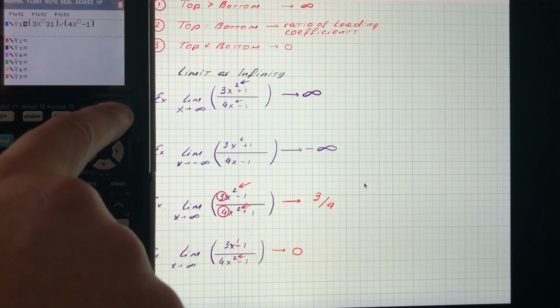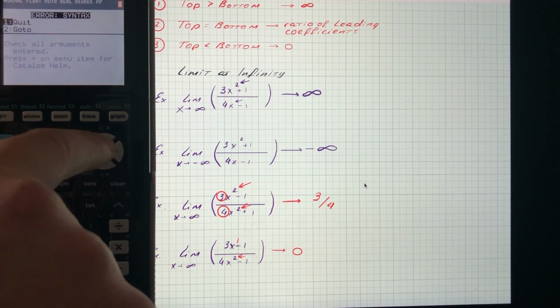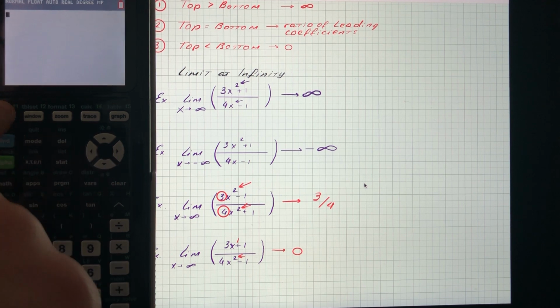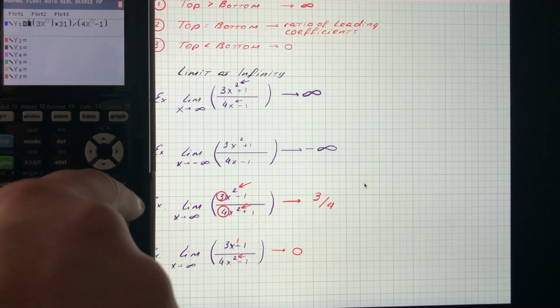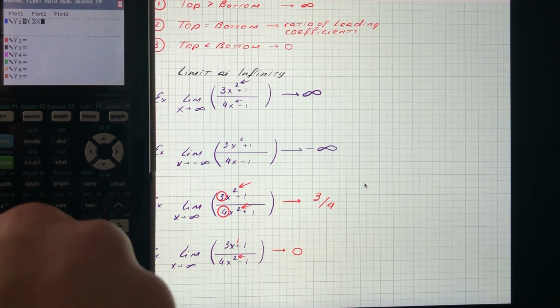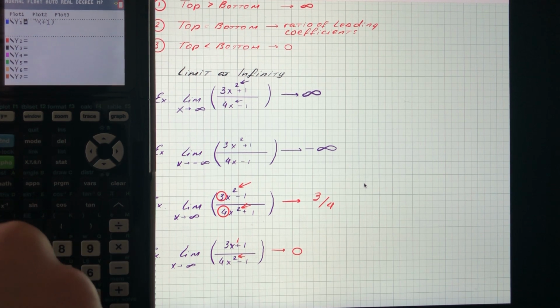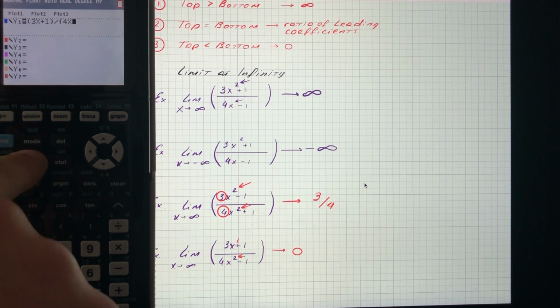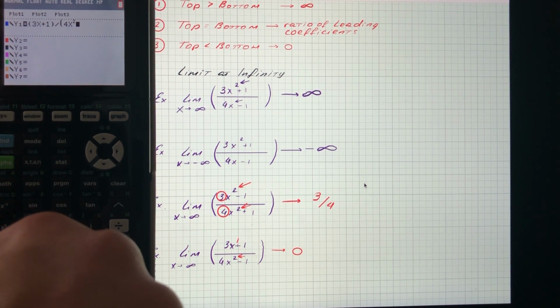Let's have a look at that table. It doesn't like the spaces, so let's do this all over again. 3x plus 1 divided by 4x to the 2 minus 1.